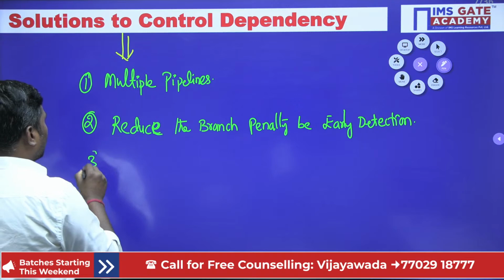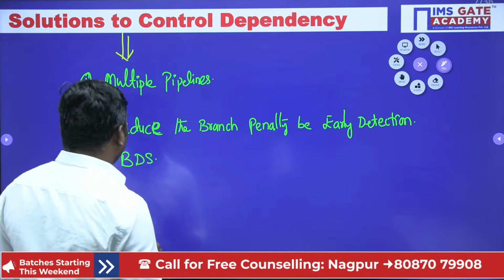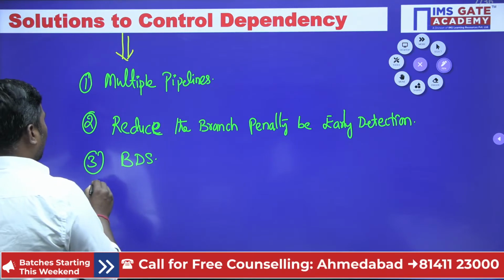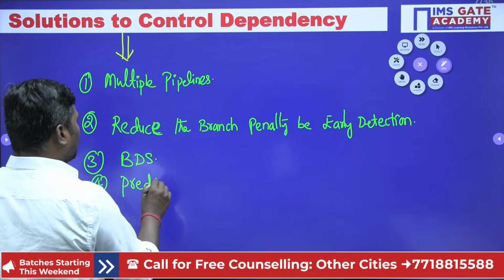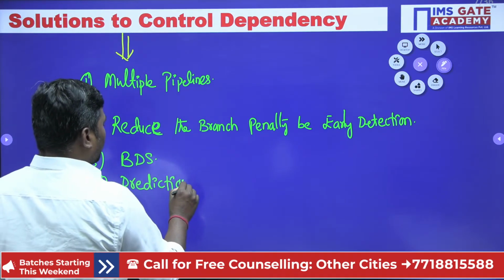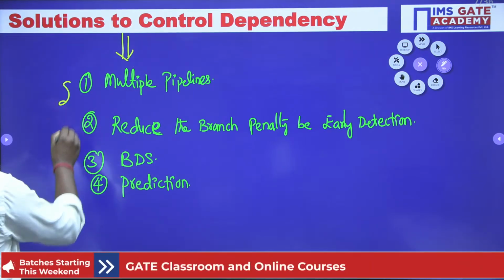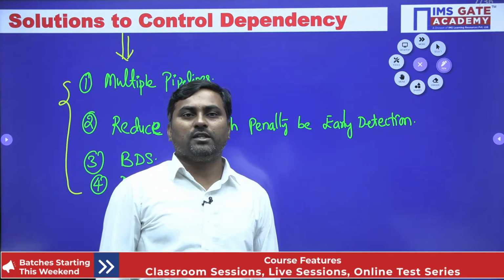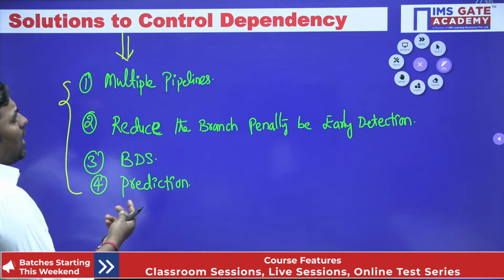The third one is to fill the branch delay slot with some useful instructions. The fourth is the prediction mechanism. These are the several approaches by which we can solve the control dependency problem. Let us see one by one how they work.